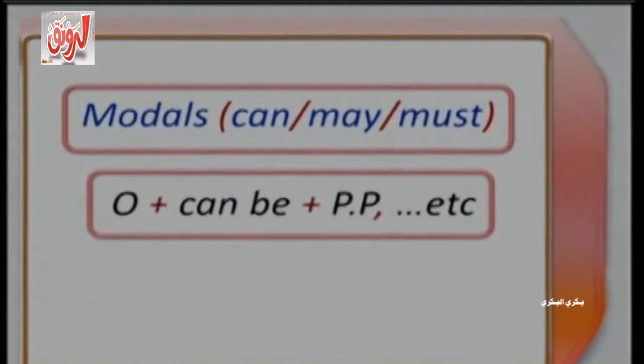If you want to use them in the passive form, do it just like this: object plus can be or may be or must be plus past participle, and every other modal. All modals are treated the same way.